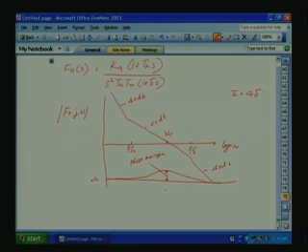Usually this omega c will be placed at the center of these two.